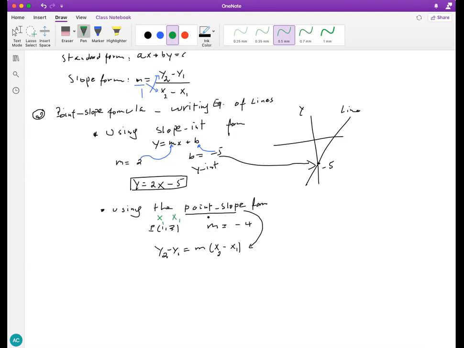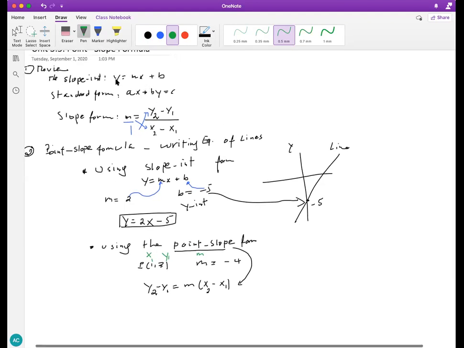Then we have our slope here. So x1, y1, and m will all be plugged into this equation, and we'll be almost done. You don't want to replace these y2 and x2. Those are fine, just leave them there.